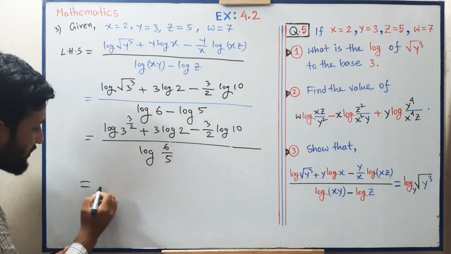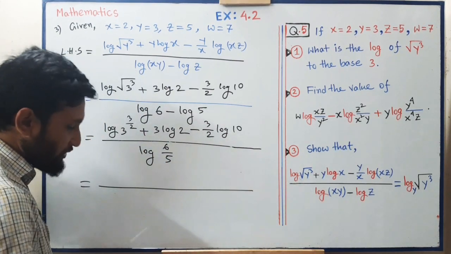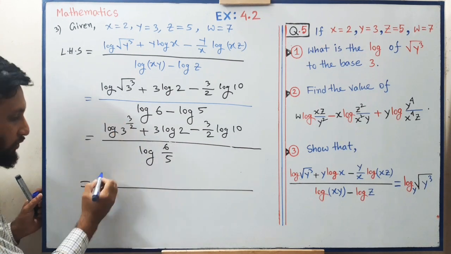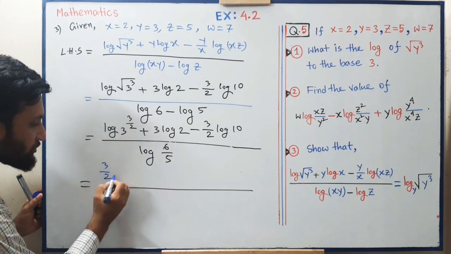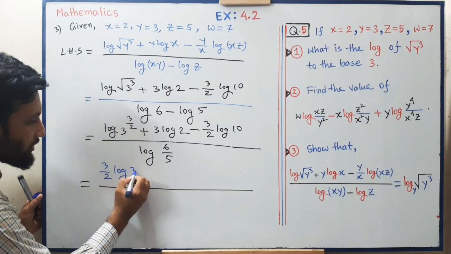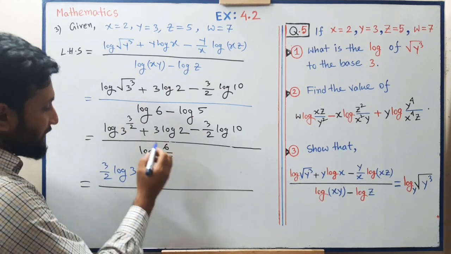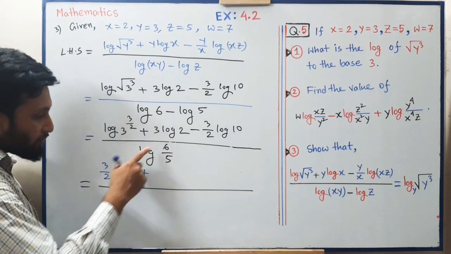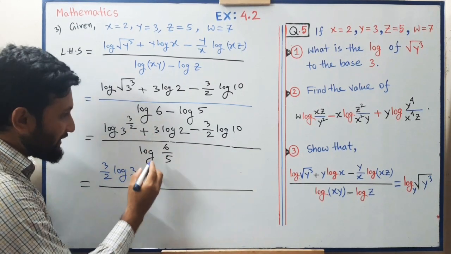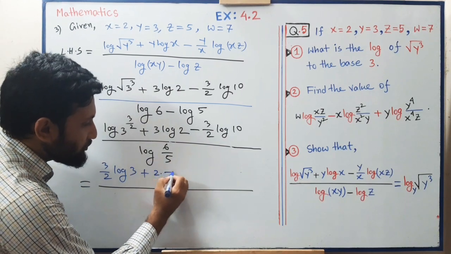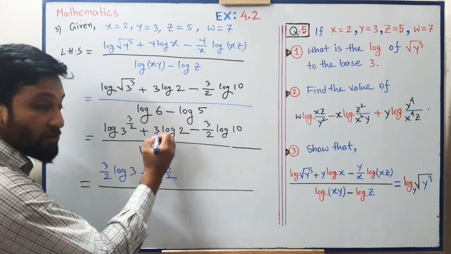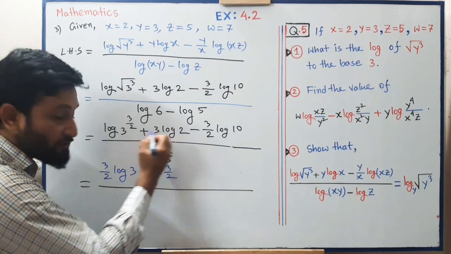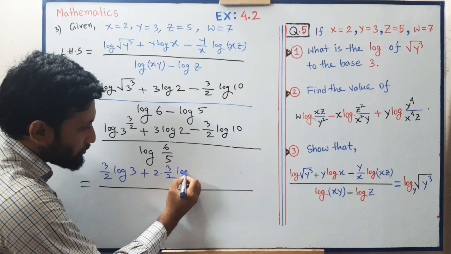Again, in the numerator we can write 3/2 as a coefficient of log. We know the formula, so 3/2 log 3, and then plus, for the similar coefficient, we can use a technique: suppose 2 into 3/2, the 2 cancels and we get a single 3, and then log 2.